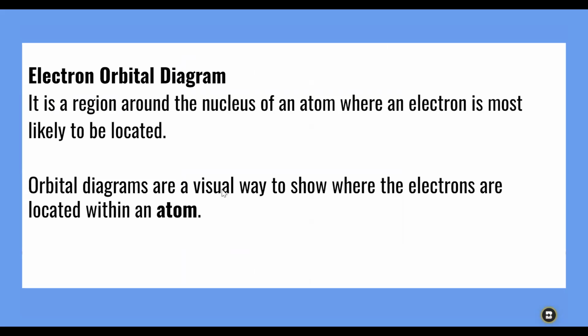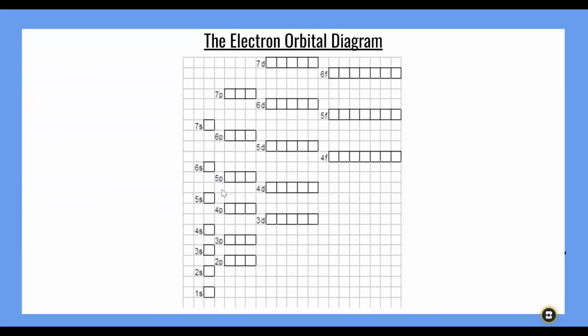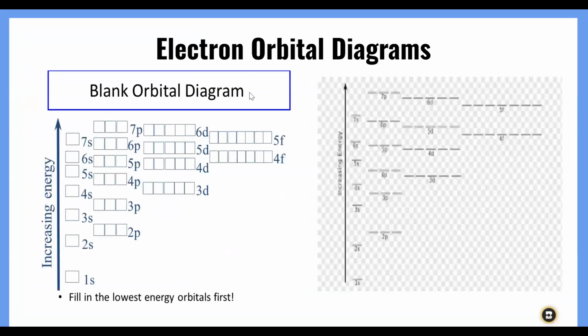Okay. Then I hope you get the picture of this again, please. Now, you can see the electron orbital diagram like this also. This is correct. You see, this one is more of squares. This one is more of that. This is also correct. So if you see it this way, don't think it's wrong.